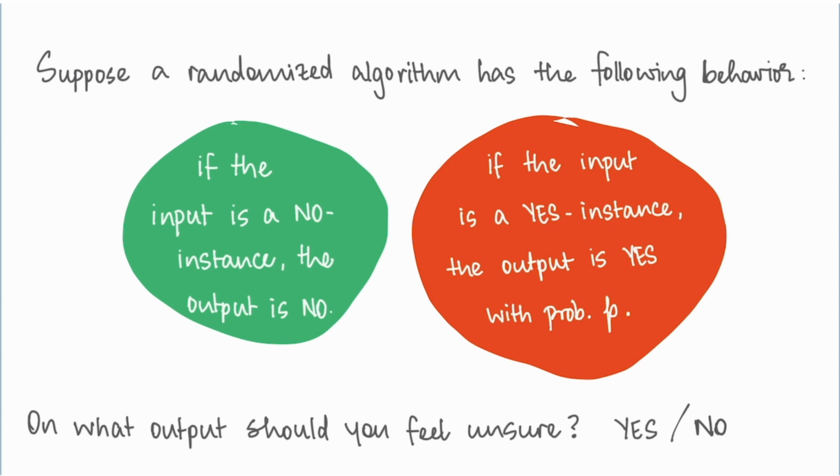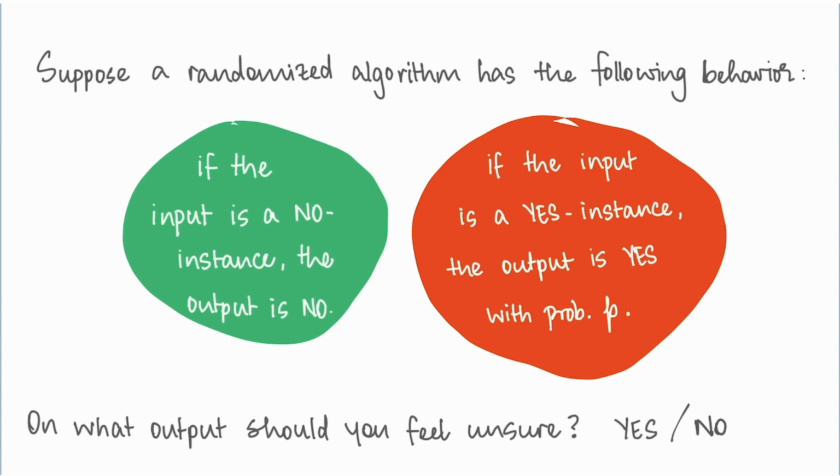On the other hand, if it gets as input a yes instance, then it may or may not be able to get it right. But it does get it right with probability at least p. So if it's dealing with a yes instance, then it says yes with probability at least p, and if the input is a no instance, then it's guaranteed to say no. You can think of that as an event that happens with probability 1.